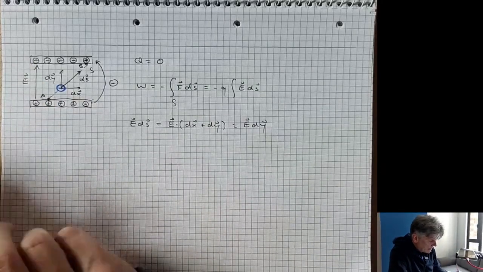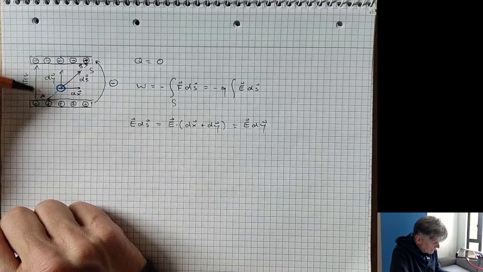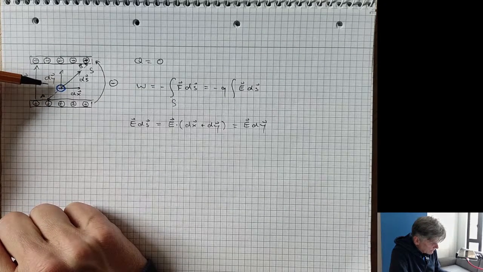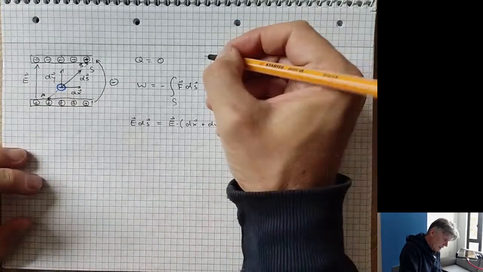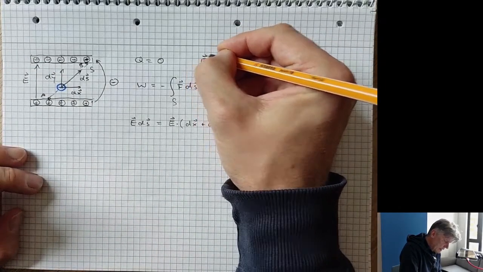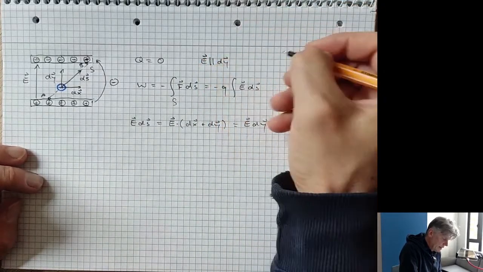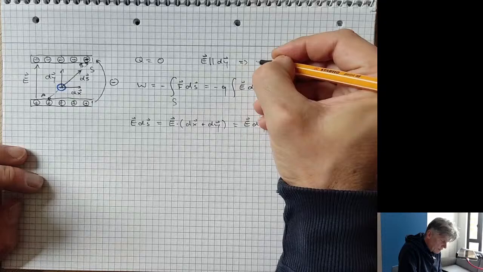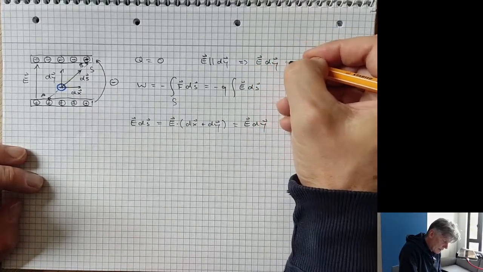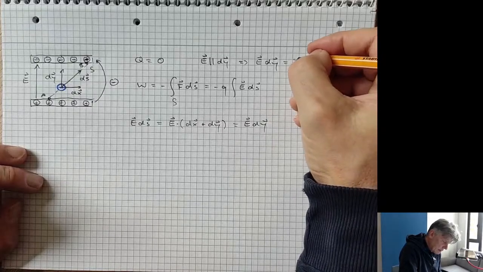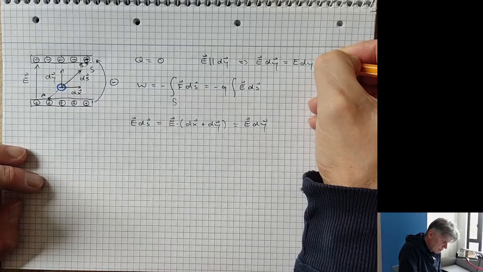You see, the electric field is pointing upwards, and dy is also pointing upwards, which means the electric field is now parallel to dy, which means that E dy is E dy times plus 1, right?